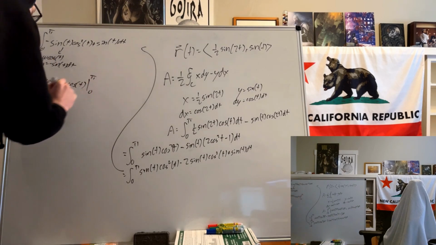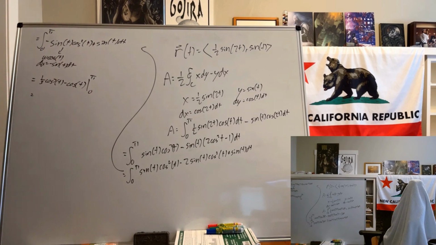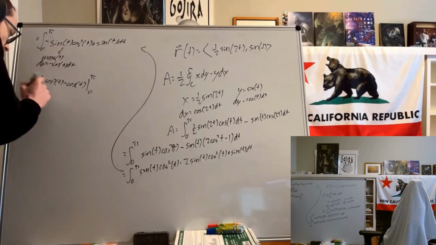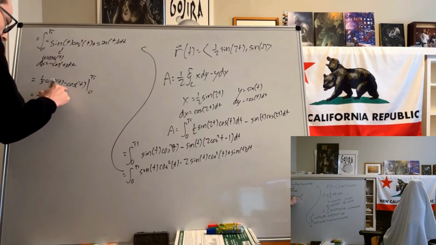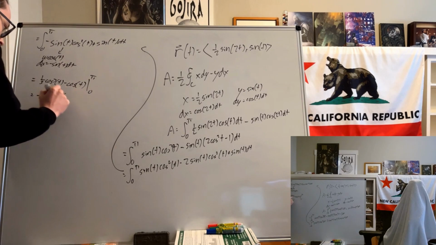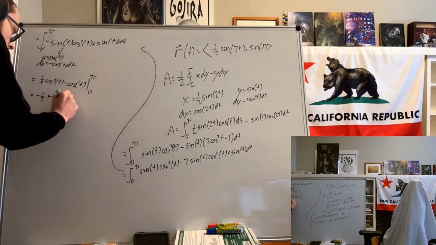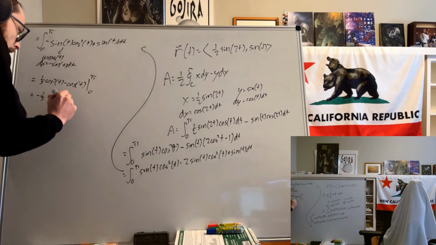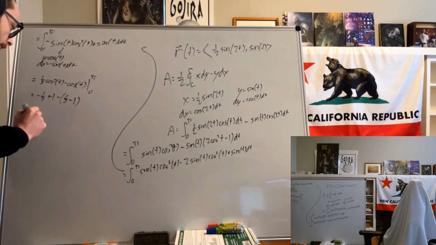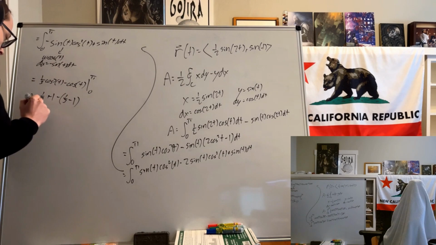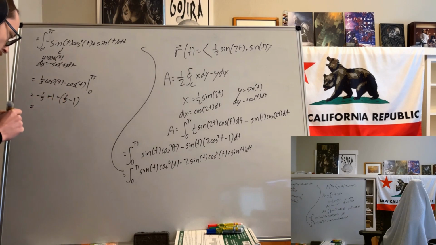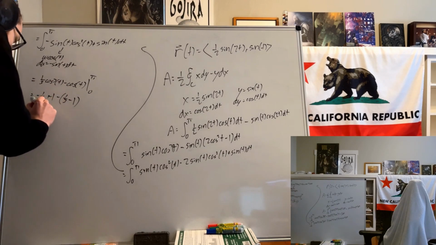We are evaluating from 0 to pi. Cosine of pi is -1. -1 cubed is -1. Minus -1 is +1. Minus cosine of 0 is 1. Is this 0? No, no, no. They don't cancel. We get 2 minus 2/3 is 1 1/3, is 4/3.